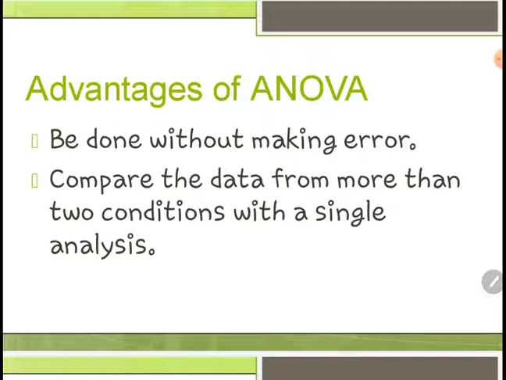Then the other one is to compare the data from more than two conditions with a single analysis. Kaya nga nag-a-analyze tayo, hindi naman ibig sabihin you come up with the exact value. No? There are some variation na nangyayari doon. So, depende siguro kapag gumamit ka kasi ng significance level natin. We have 0.05, we have 0.01.